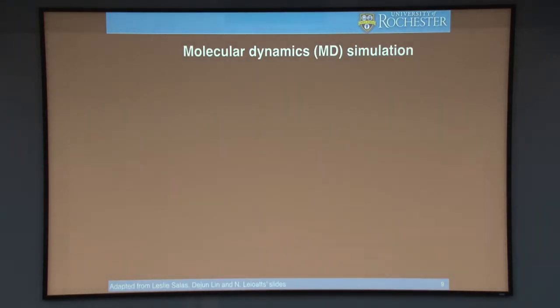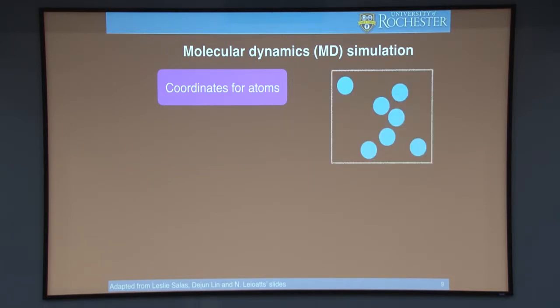So I made a small workflow to look through each part of the technique. For MD simulations, since we are doing it in computers, we first need the coordinates for all the atoms of the protein. Then if we have all the coordinates for the atoms, we also need the forces that are acting on these atoms.